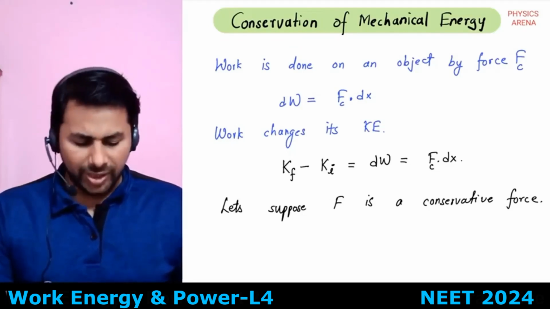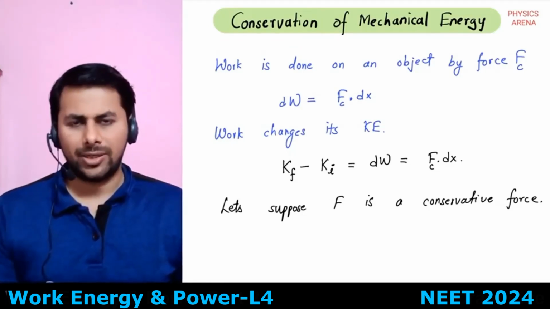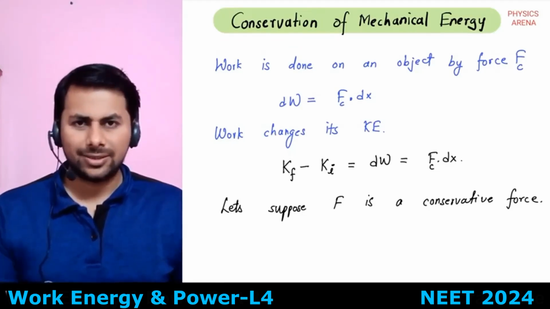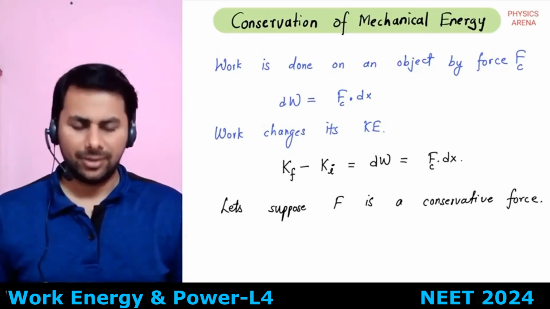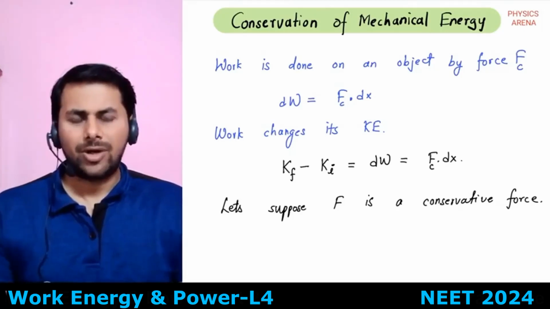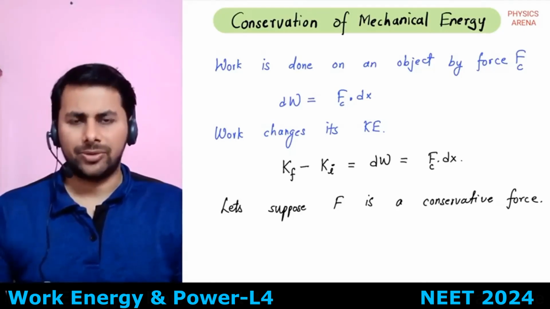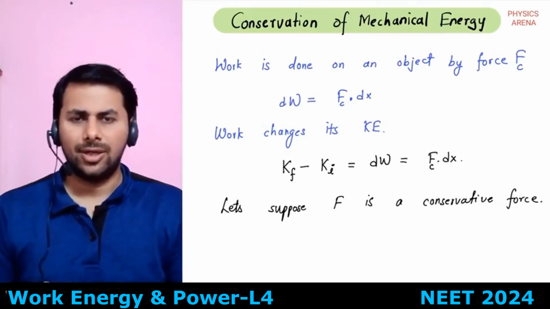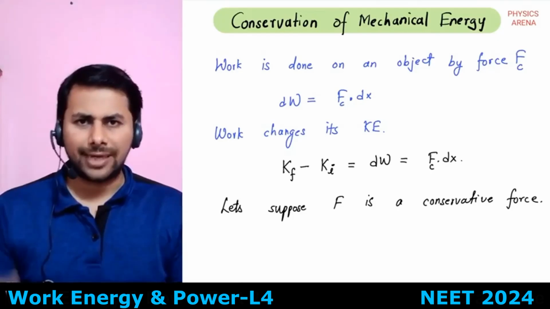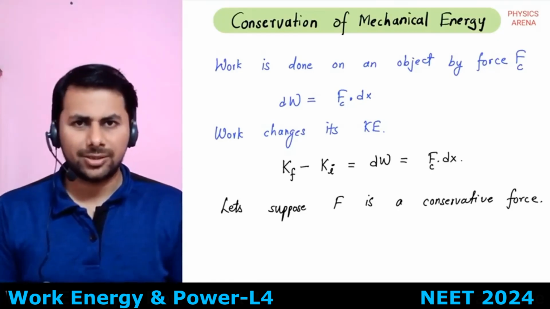So we have work done on a body equals change in kinetic energy, Kf minus Ki. And when the body is acted upon by a conservative force, then we can define potential energy also. And we have work done equals minus of change in potential energy.